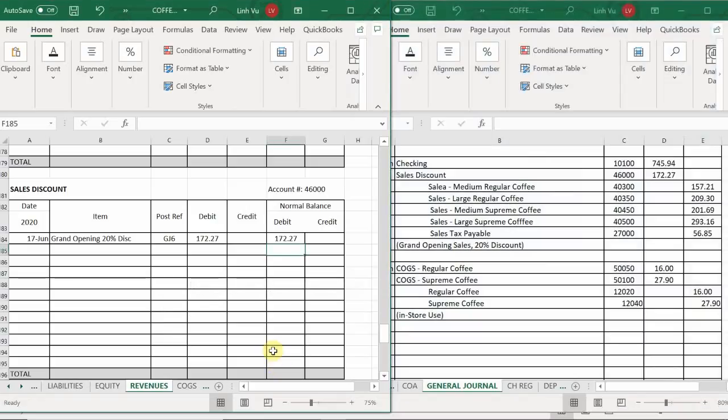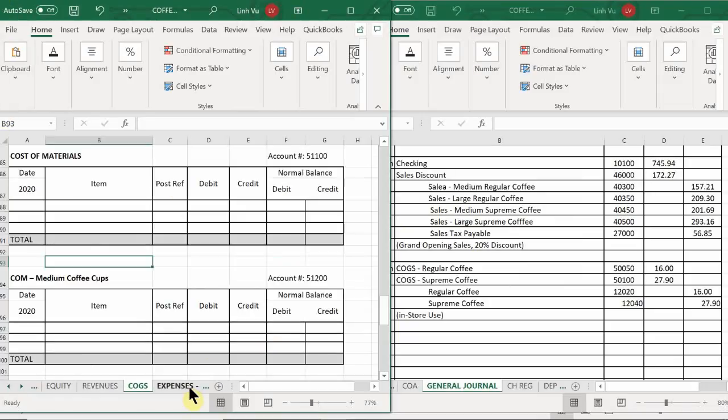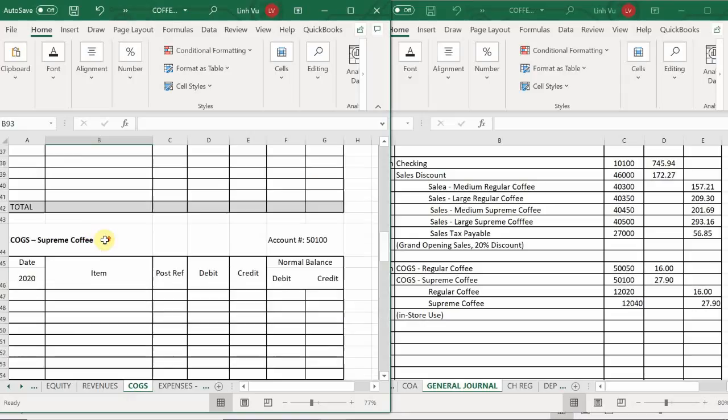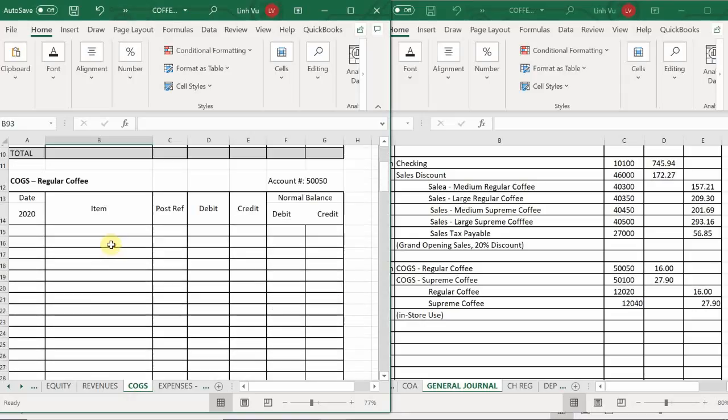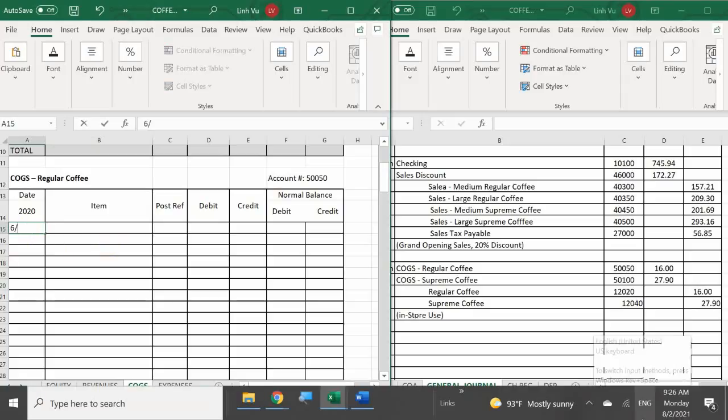Am I correct? Correct. So in this case, I have a cost of goods sold, right? Cost of goods sold for my regular coffee. Okay.